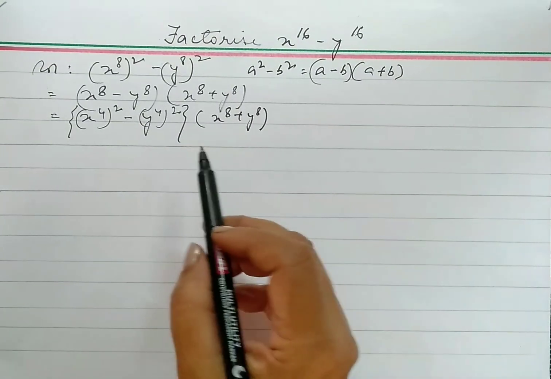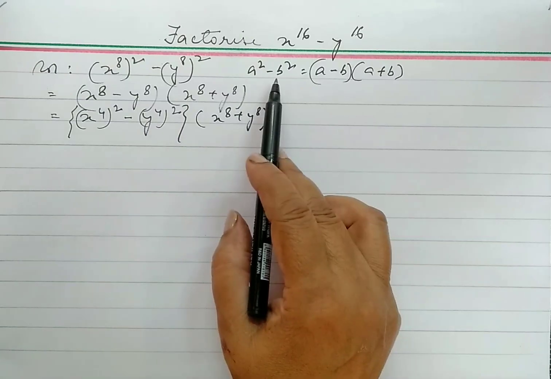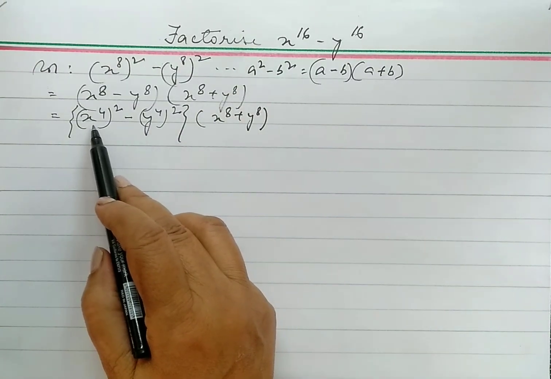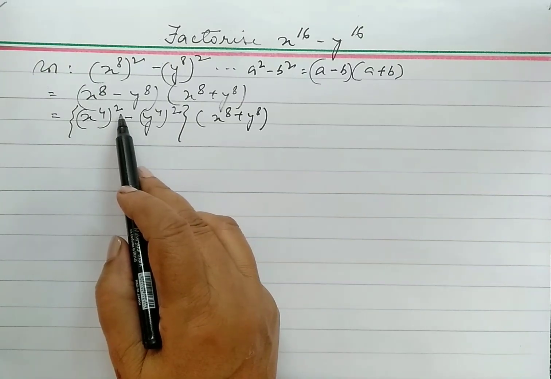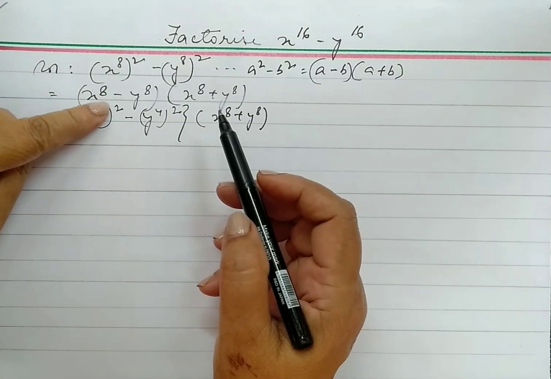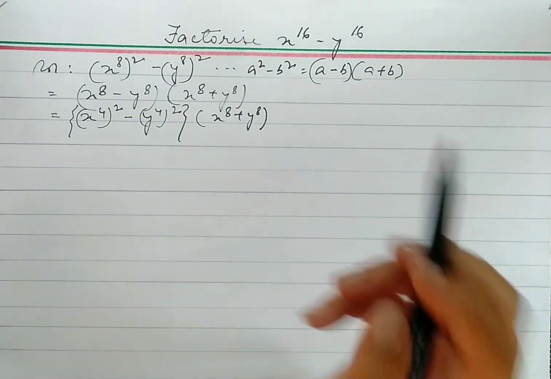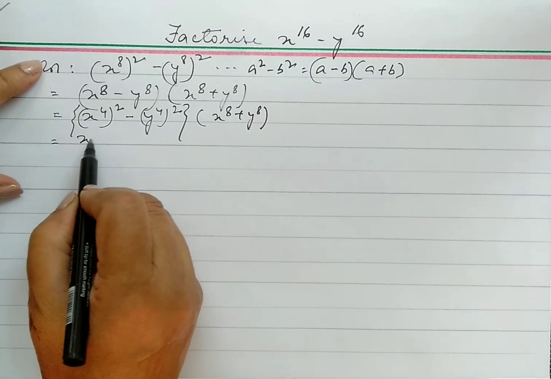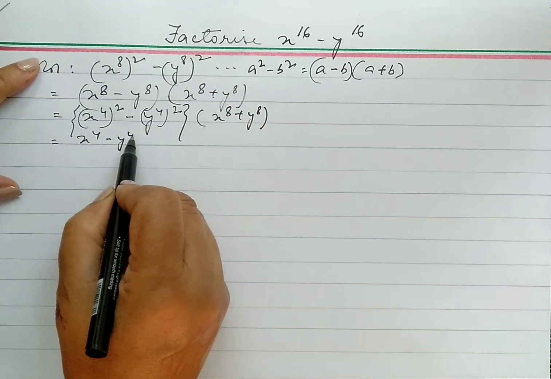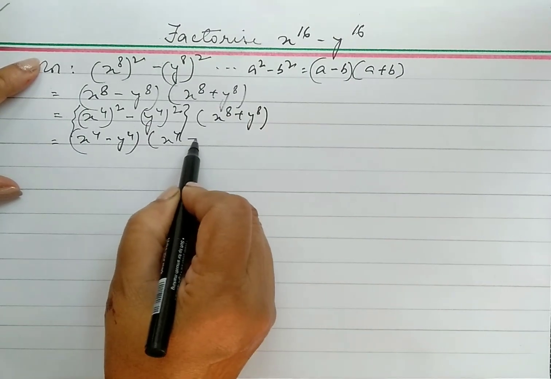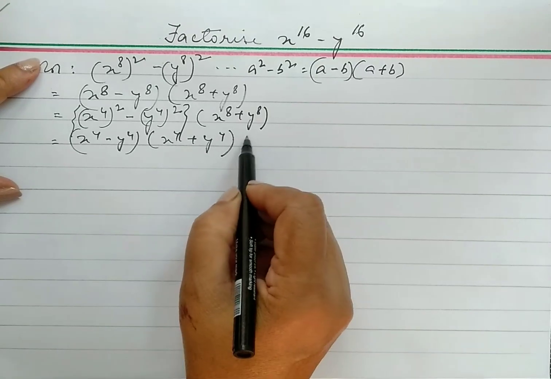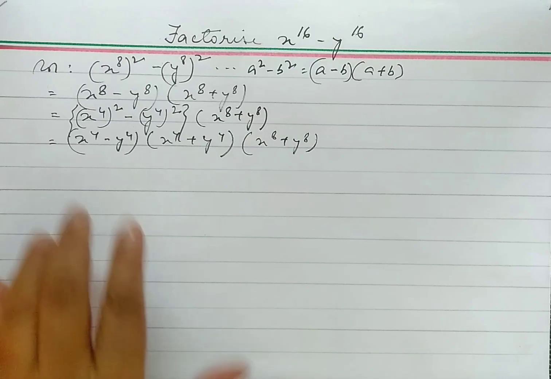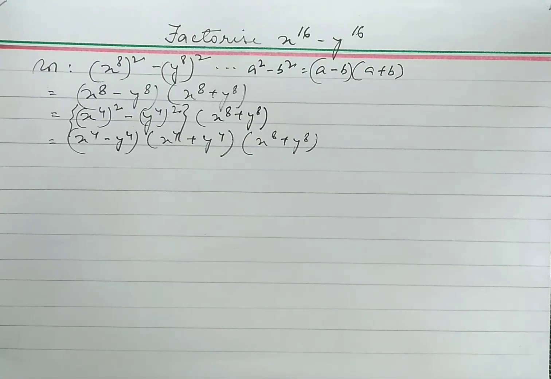Once again we have the same identity to use here, a square and b square. So once again we break this down as x to the power 4 minus y to the power 4 and x to the power 4 plus y to the power 4, and this will come down to sit next to this.